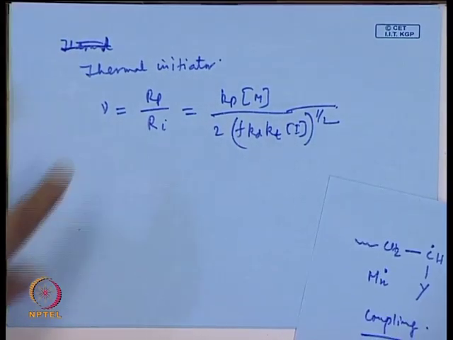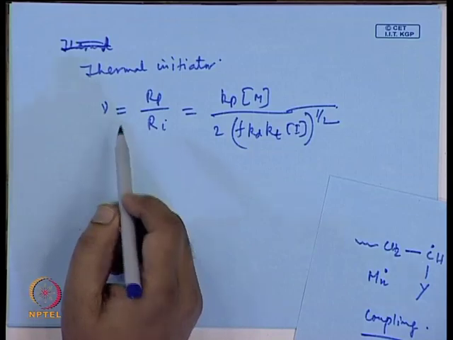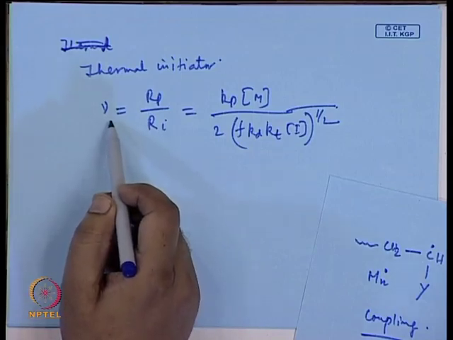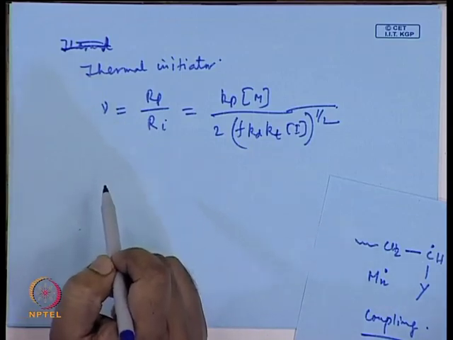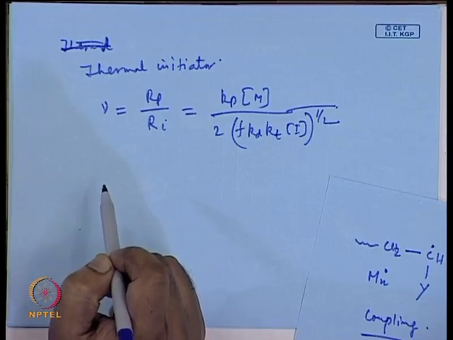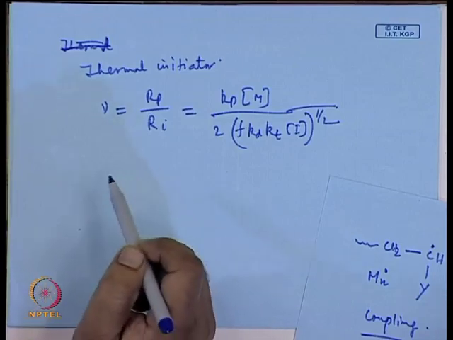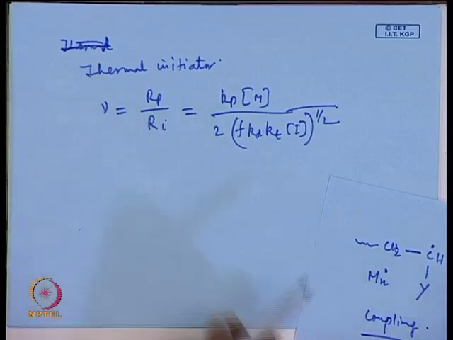So, nu is the average number of monomers getting polymerized per radical. You should consider only those radicals which are initiating a polymer chain.